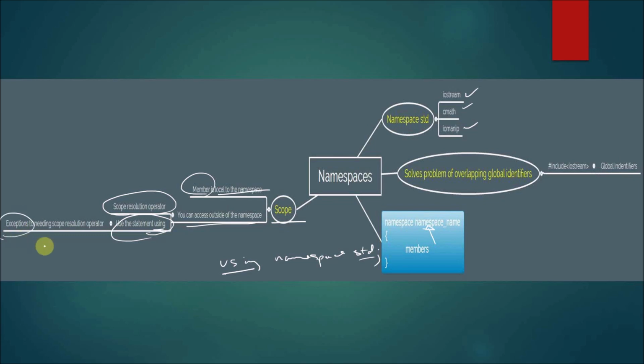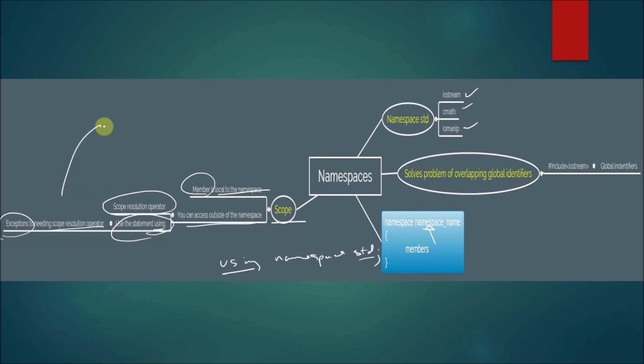There are exceptions to needing the scope resolution operator. All right. For instance, when a namespace member and a global identifier in a program have the same name, to access the namespace member, you'll need to use the scope resolution operator.